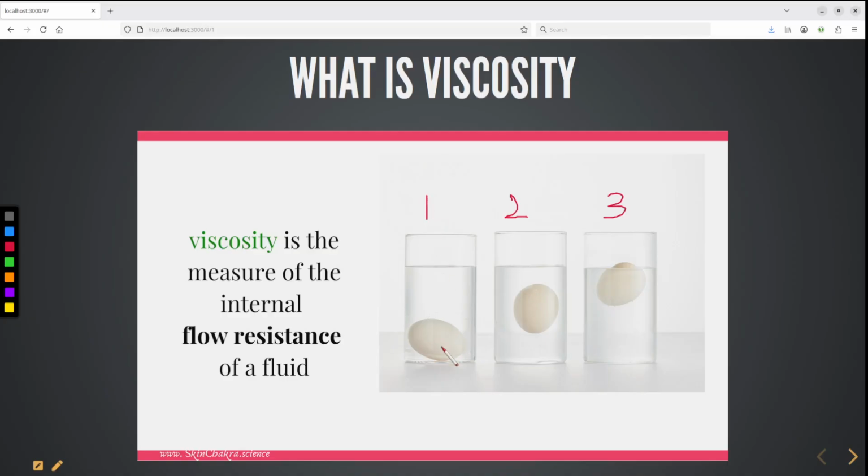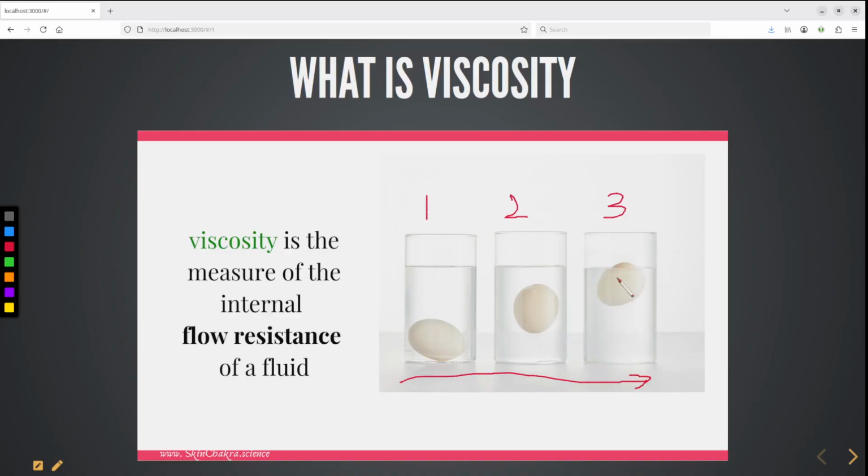So in the first container, the metal ball sinks very fast. In the second, it sinks rather slowly. And in the third, it sinks even more slowly or very slowly. So the difference in these three containers is only the viscosity of the liquids.